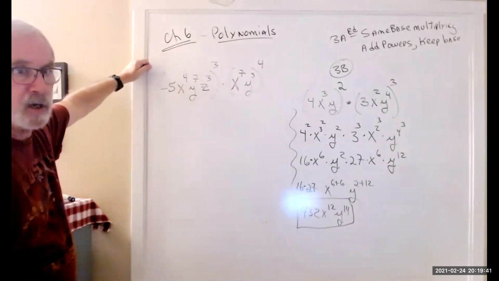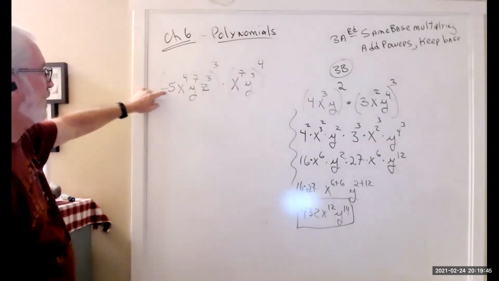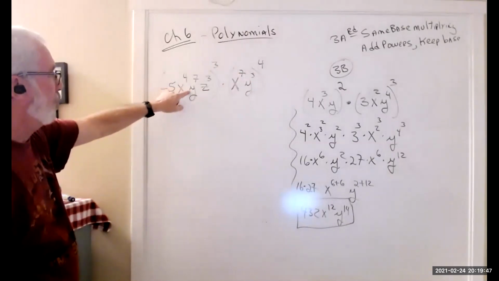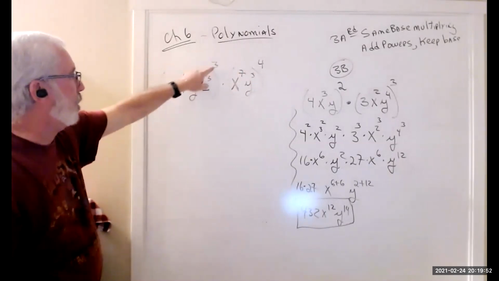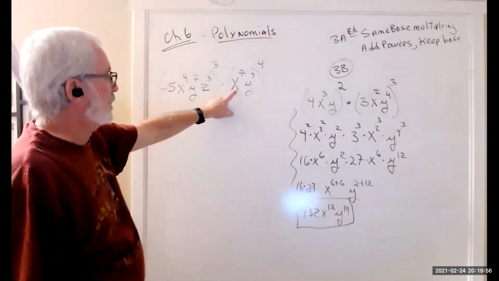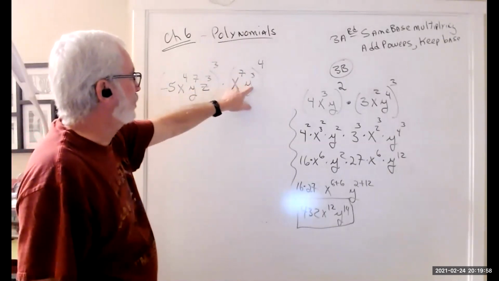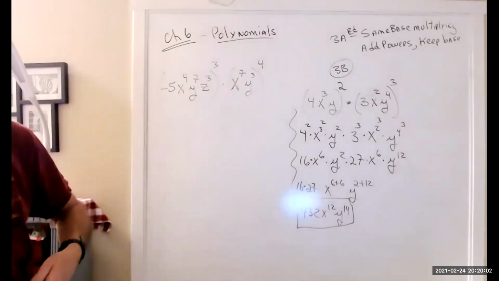So if you can't read, I think you can. The first quantity was negative 5, x to the 4th, y to the 7, z to the 3rd, whole quantity to the 3rd power, times quantity x to the 7, y to the 3rd, quantity to the 4th power. So give that one a try.